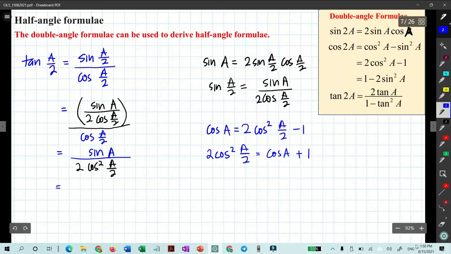And finally we will get tangent a over 2 as sine a over cos a plus 1, or sine a over 1 plus cos a.